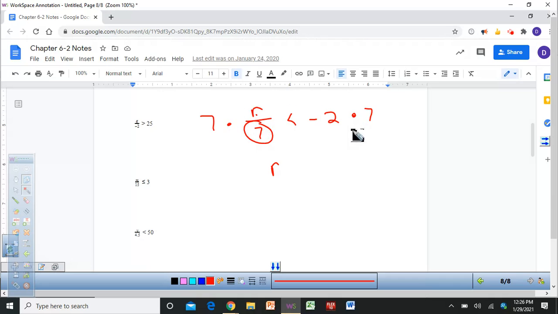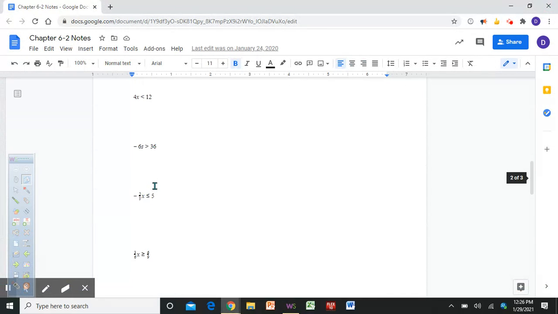If I multiply both sides by a negative number, I would flip it, okay? But here, since only one side has a negative number, I'm going to leave it alone. Like I said, if this was a negative 7 and we multiplied both sides by a negative 7, then I would end up flipping my sign and getting something different. But it wasn't negative to start, it was positive, so that's why you leave it alone, okay?